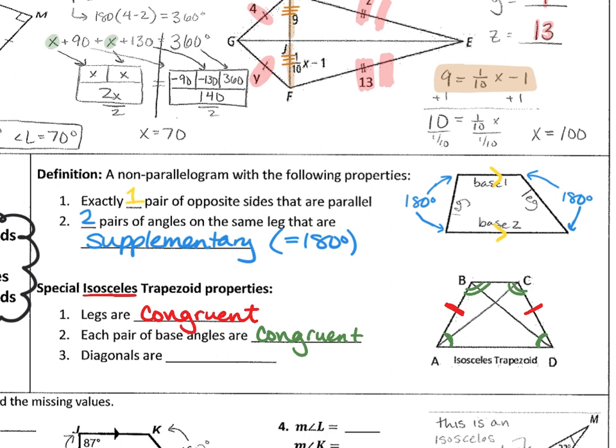And then last but not least, the property that we have here is that the diagonals are congruent, which just means this entire diagonal here is the same exact length as this diagonal here. So both the pieces are the same.